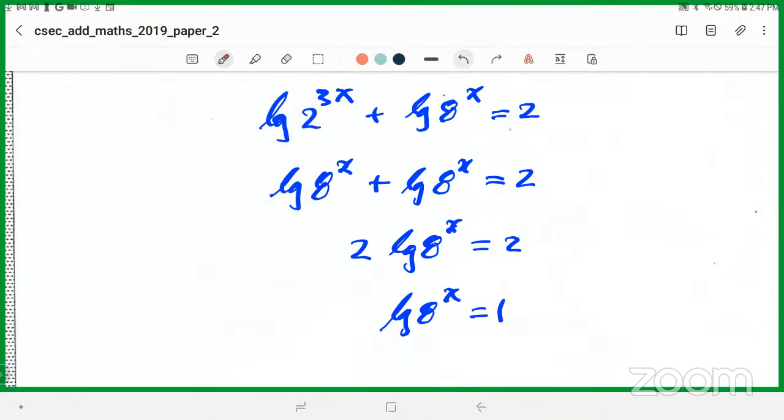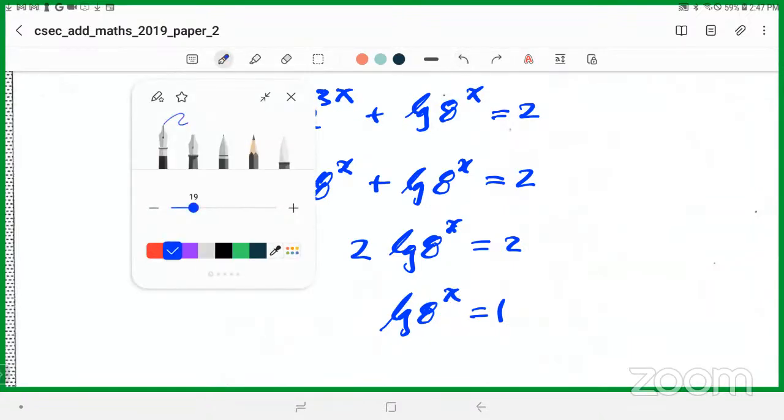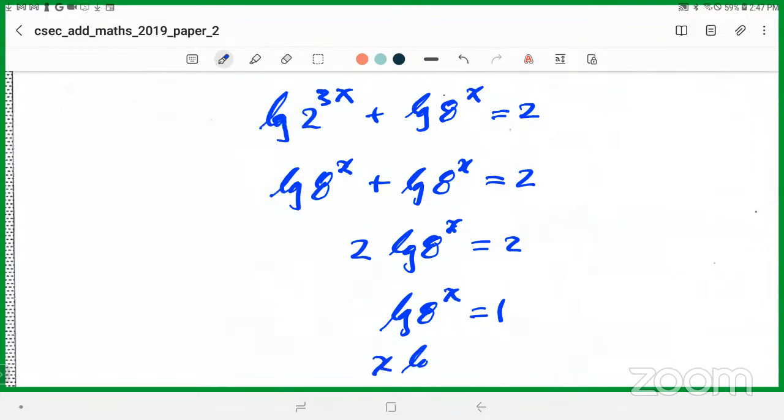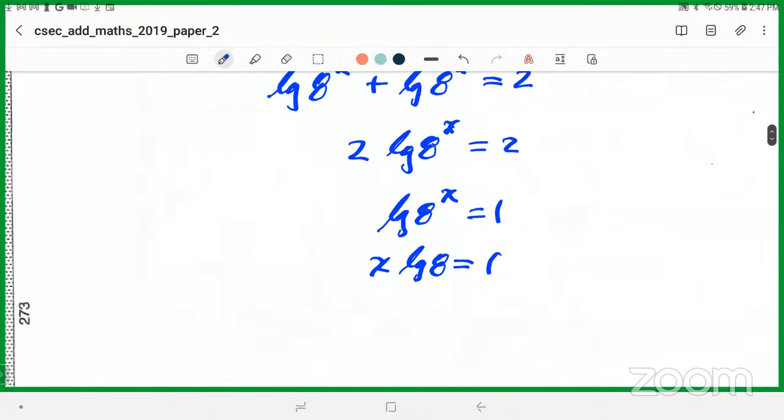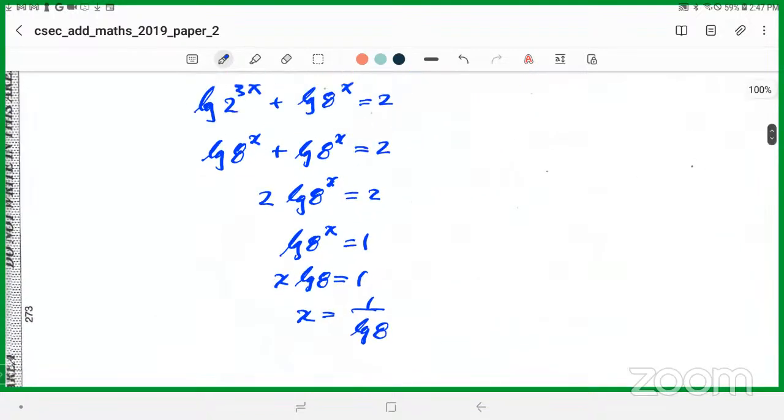Put another way, you can move the x to the front, and let's not complicate it. x log of 8 equals 1. So you divide by log of 8, x equals 1 over the log of 8. That is the answer right there.